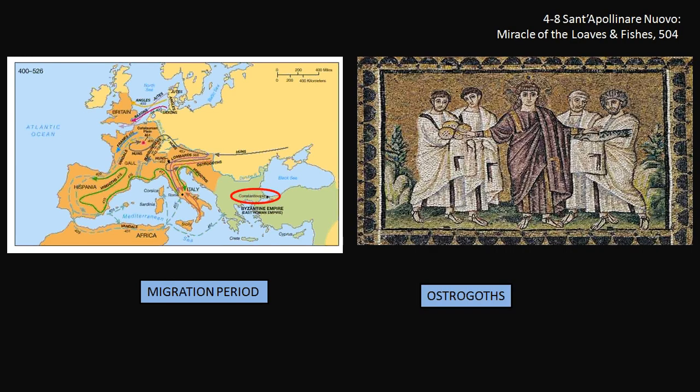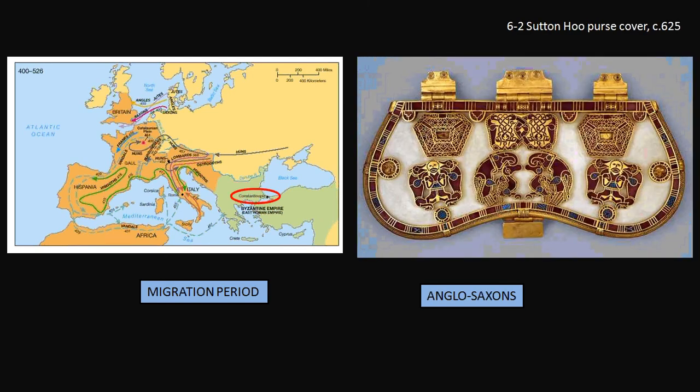We already looked at the Ostrogoths and spoke about them when we were looking at Ravenna. Remember that that's part of this migration period. The Eastern Goths moved into Ravenna at the end of the 5th century, around the 490s, and eventually run into conflict with Emperor Justinian in Constantinople, which we talked about before.